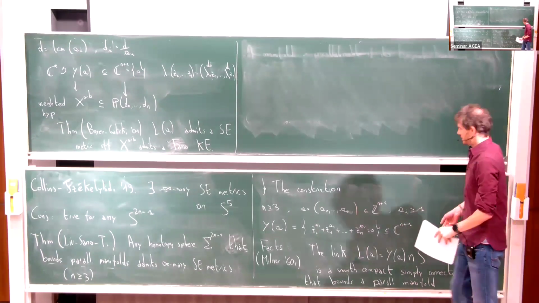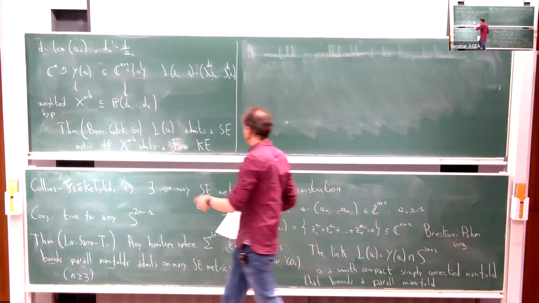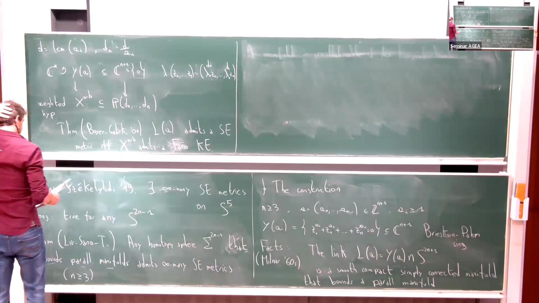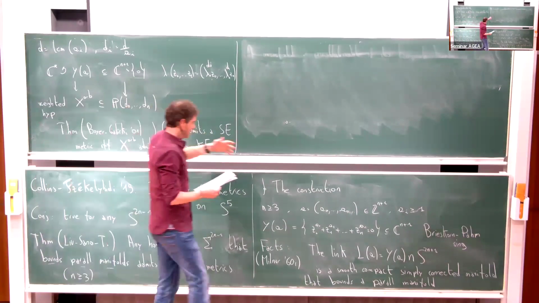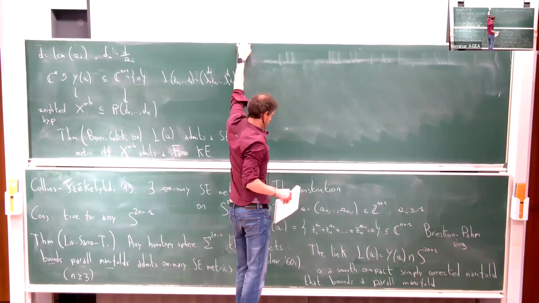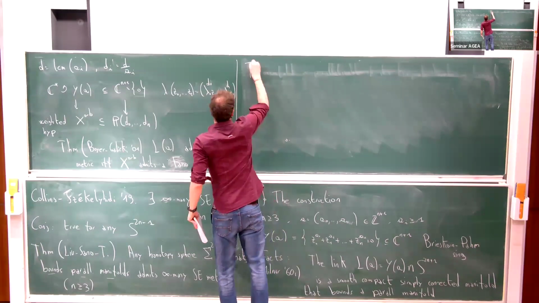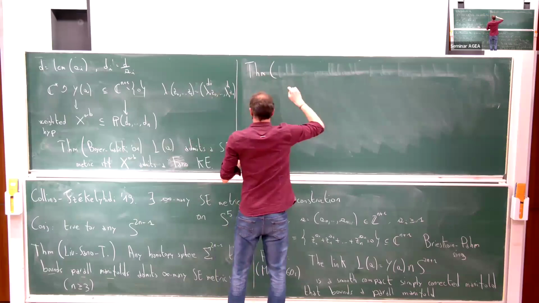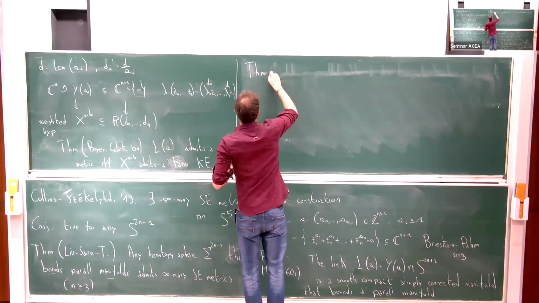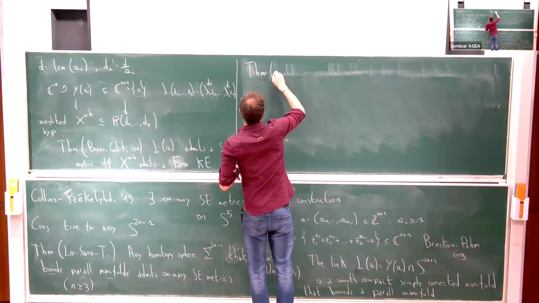Okay, so now we have something to prove in complex geometry, and somehow the main point is that we give a criterion.